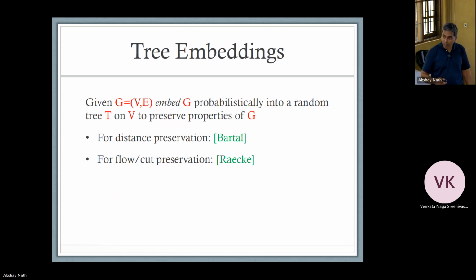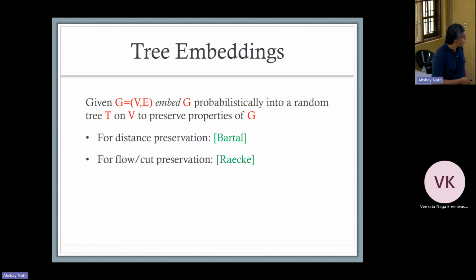One is approximating the distances in the graphs using tree embeddings, either spanning tree embeddings sometimes or otherwise. And the other is, via duality, one can prove several results that you can also approximate the cut and flow structure in a graph using these tree embeddings.